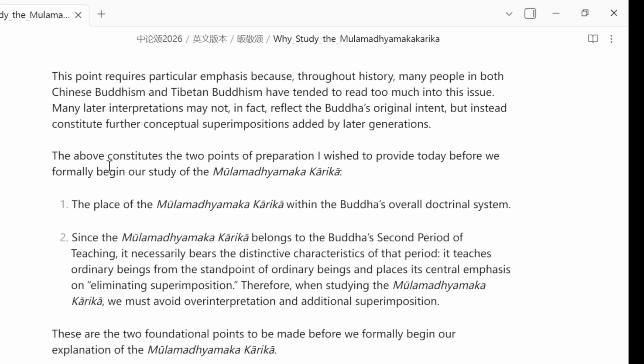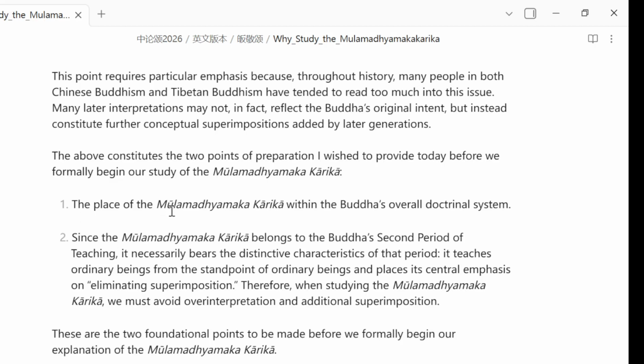The above constitutes the two points of preparation I wish to provide today before we formally begin our study of the Mula Madhyamaka Karika.